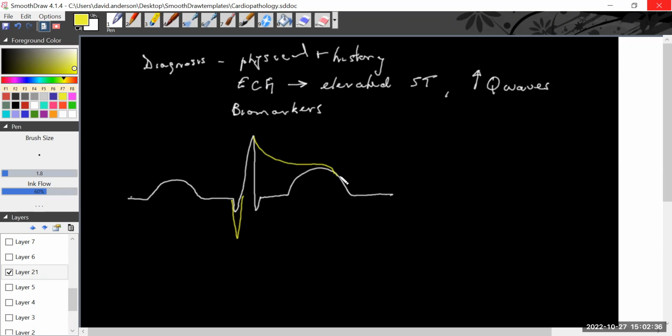So this is P, this was Q, R, S, and T. A larger Q wave means we're going to see a larger dip in the QRS complex, and the elevated ST means we sort of skip going back down to the flat line for electrical activity and instead see the elevated ST segment there.